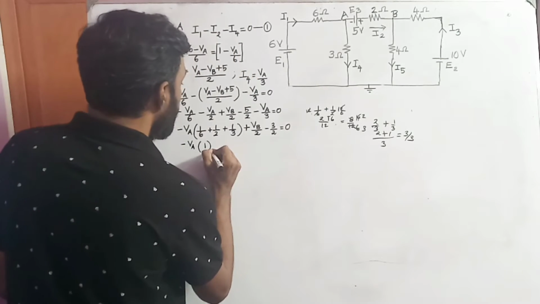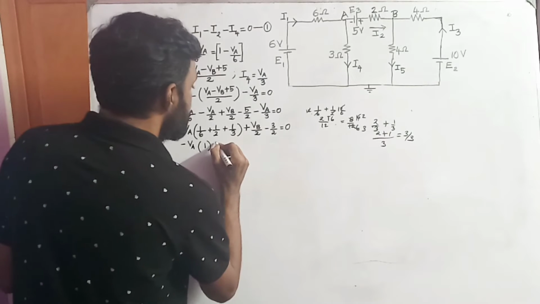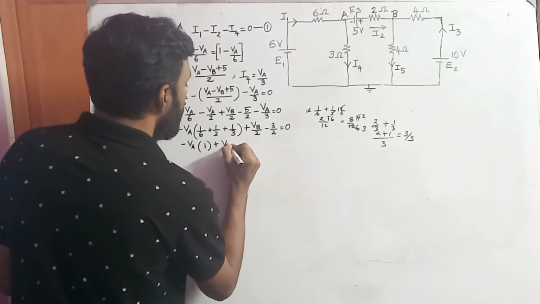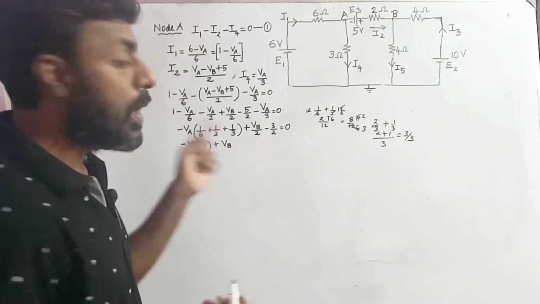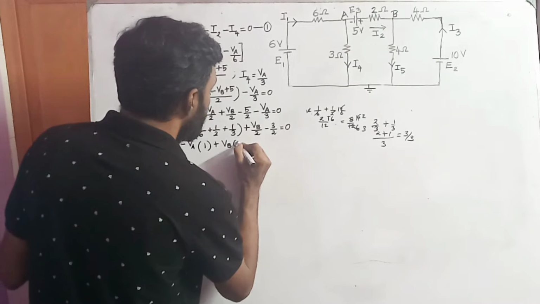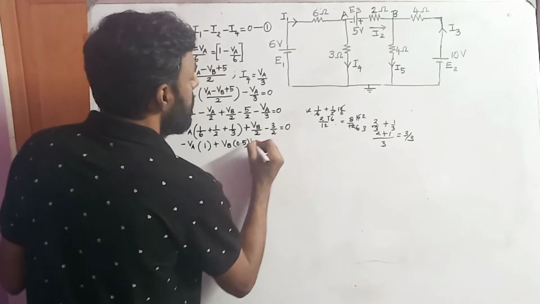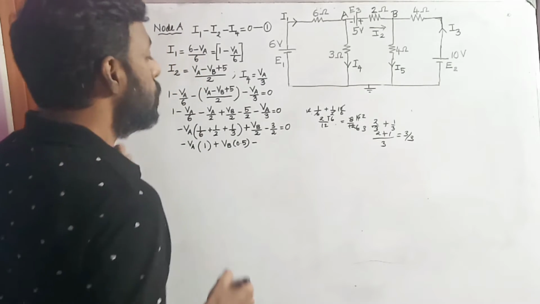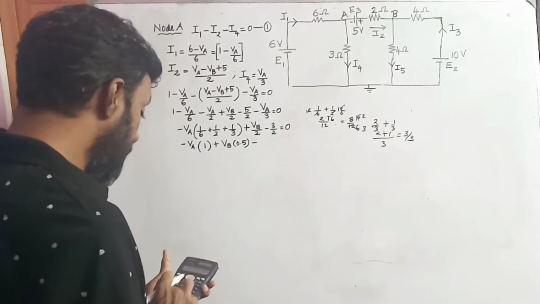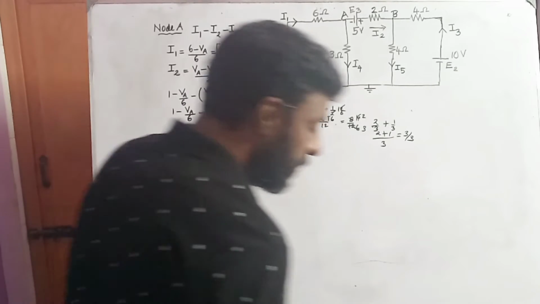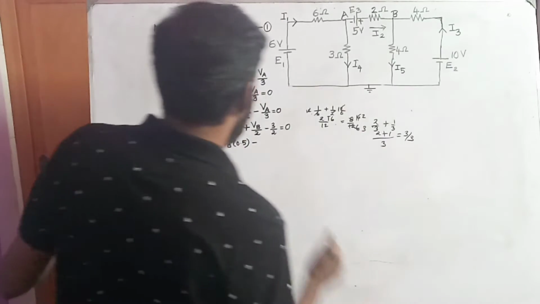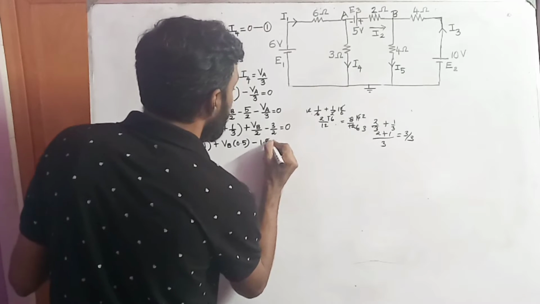So 1 is the value here, plus VB into what is 1 by 2? 1 by 2 will be 0.5, 0.5 minus 3 by 2. 3 by 2 can be written as 3 divided by 2, which is 1.5, so 0.5 minus 1.5 equal to 0.